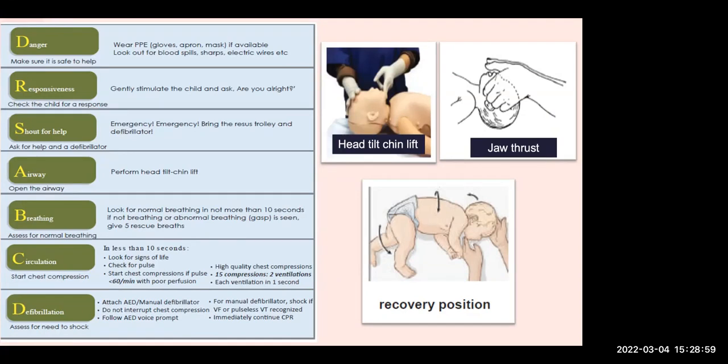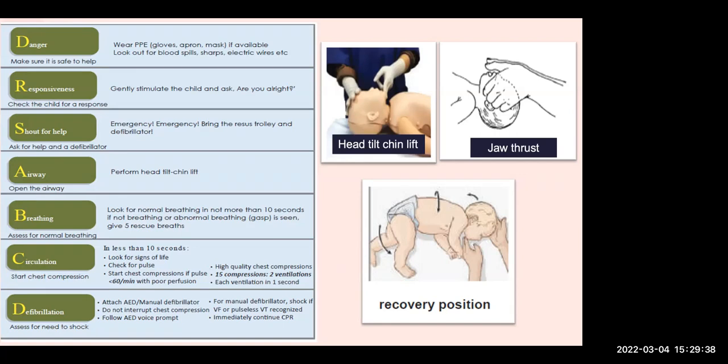In adult, for example, you've got an adult unconscious, not breathing, but got heart rate. Do you give chest compression? Okay, like in general, in pediatric, we know even though they still got heart rate, we will do CPR, because 60 is too low for them.